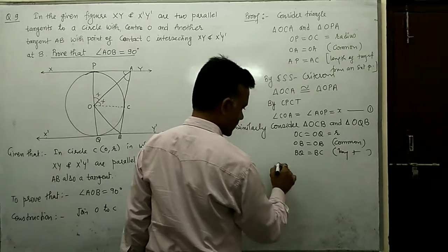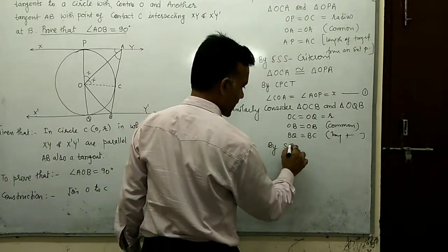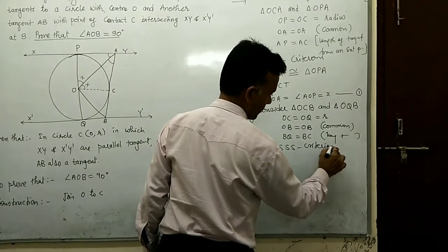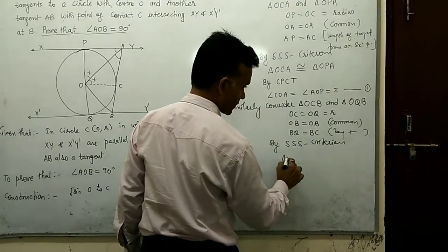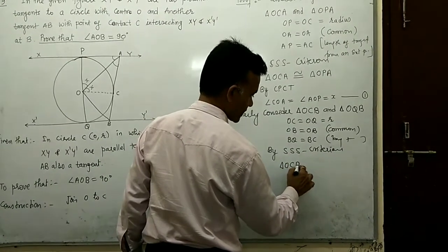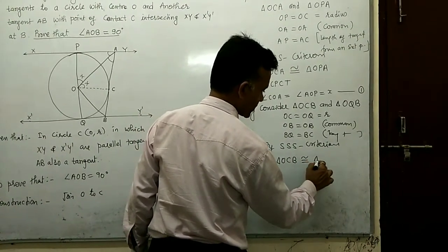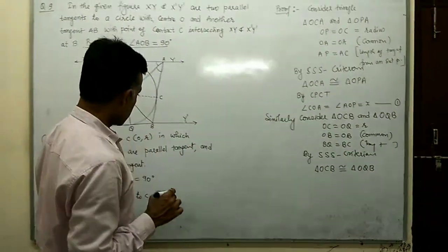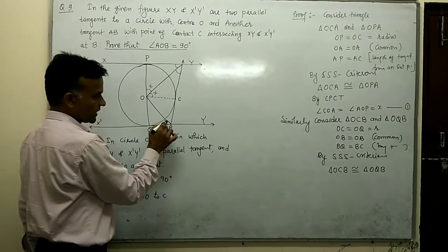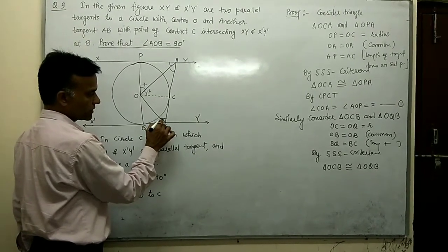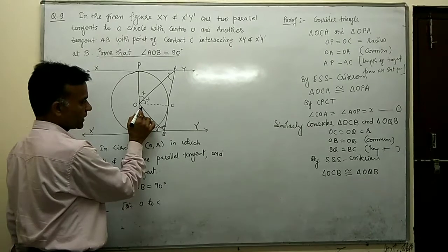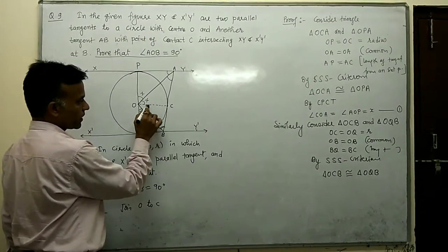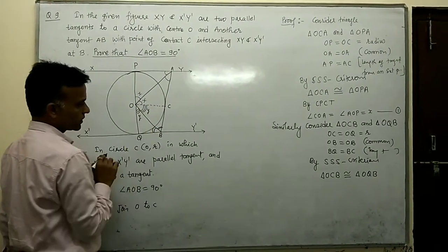The reason is the same. So by the side criterion, triangle OCB is congruent to triangle OQB. Then by CPCT again we have these angles: similarly, this equals this, and this is also equal here, and this angle equals y.